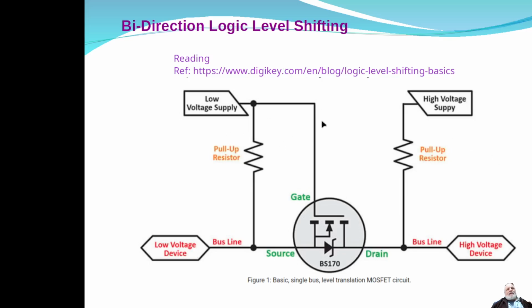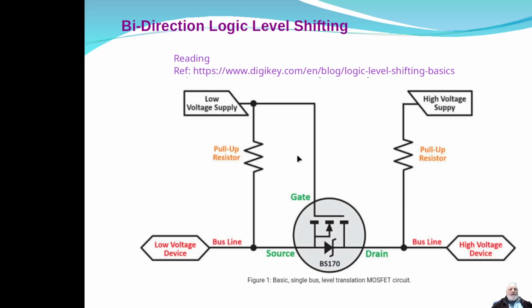All right, now this is a circuit that's called a bidirectional logic shifting, and there's a link right here to DigiKey where this image came from. You need to really go read this here, and they demonstrate the use of this. So I'm just going to do it very quickly. But this is a typical MOSFET here.